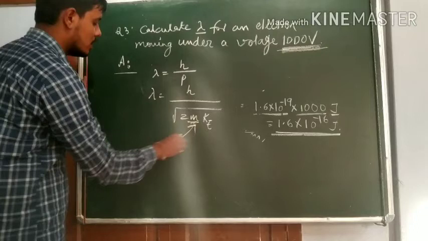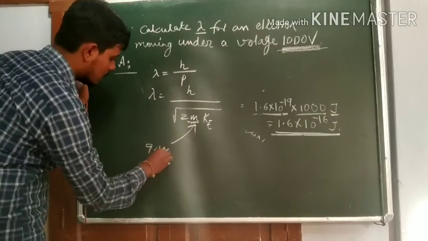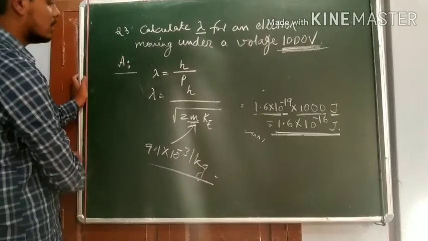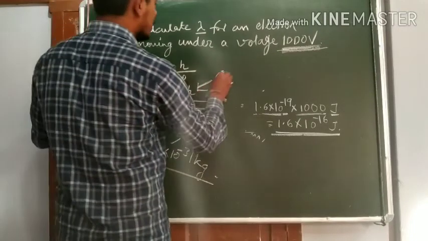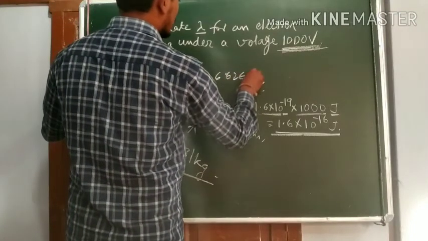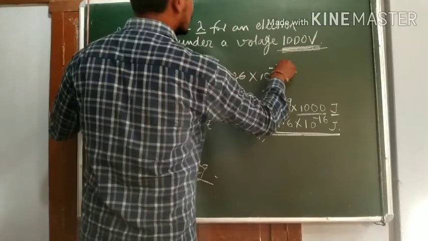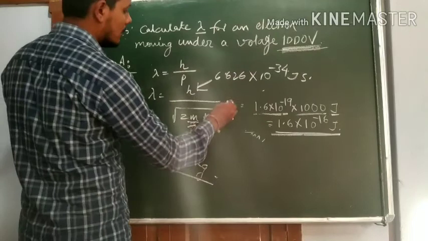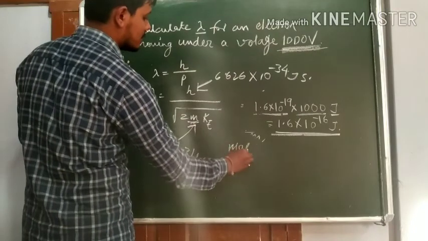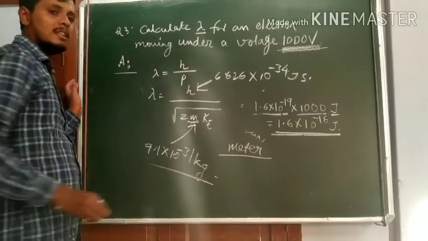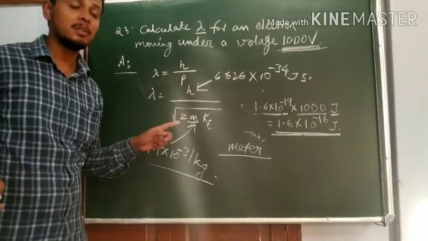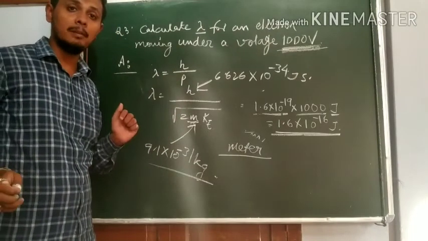What is the mass of an electron? 9.1 into 10 to the power minus 31 kg. And h we already know, 6.626 into 10 to the power minus 34 joule second, and the answer that you will get is in meter. Please do the question and send the answer as homework. Very simple question. This was also in JEE Main.